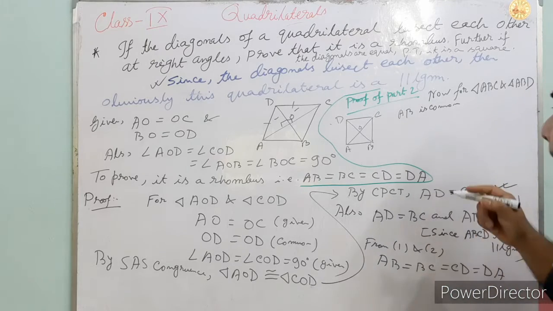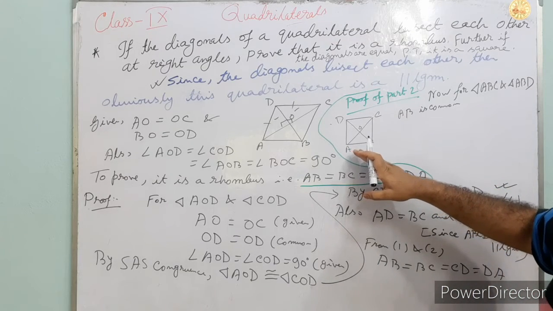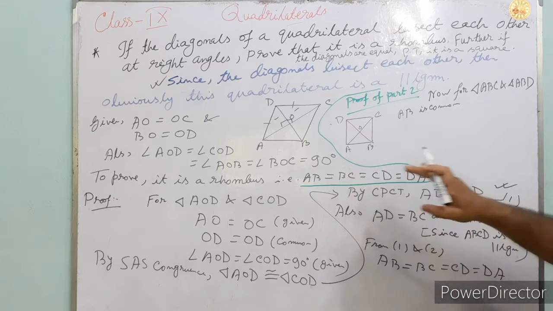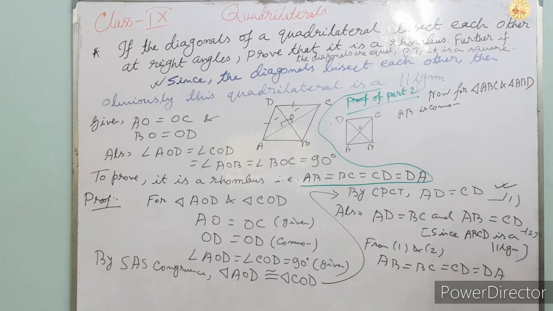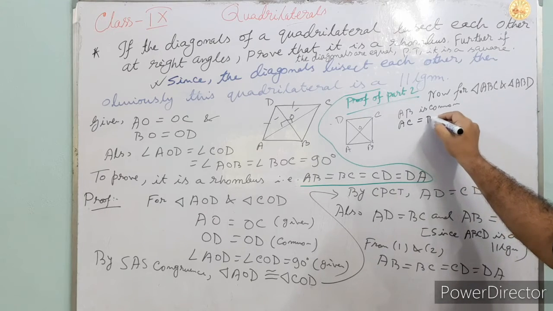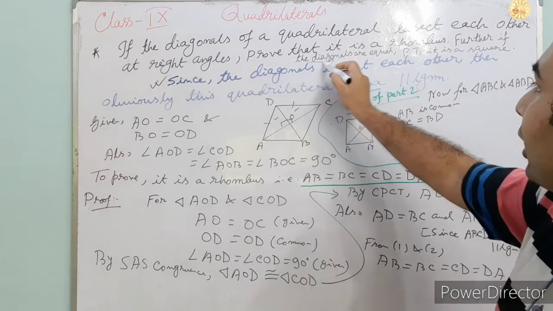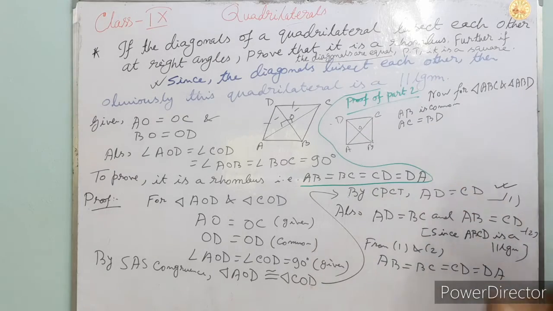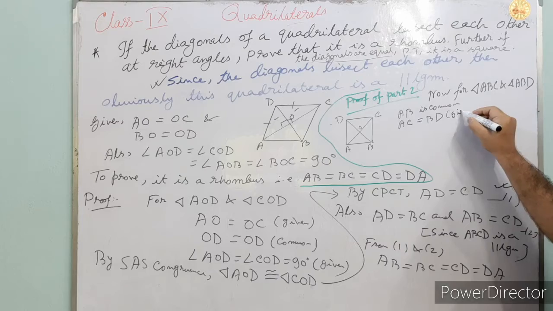Now, AC equals BD. Here the diagonals are equal, that's why I have taken AC equals BD, it is given.